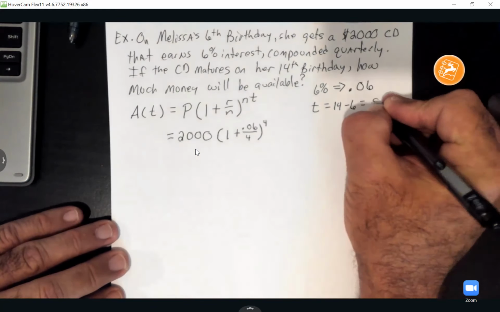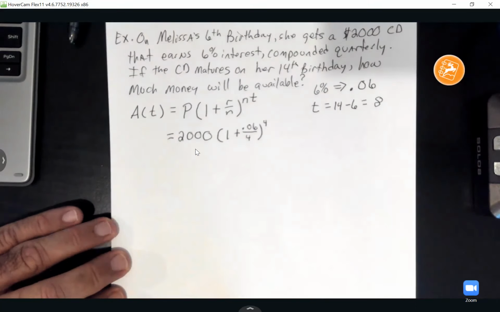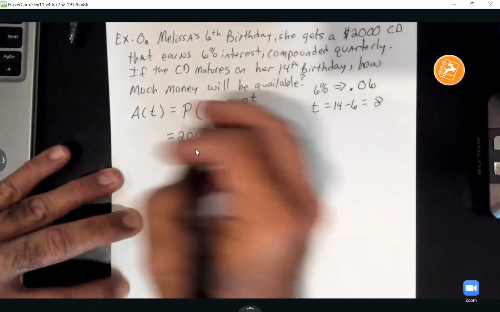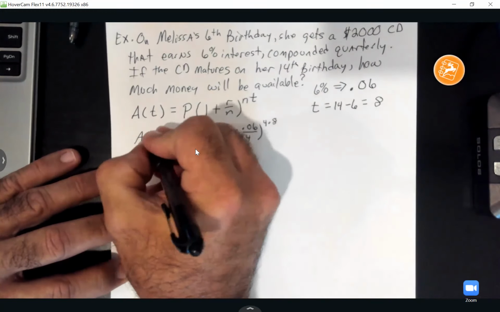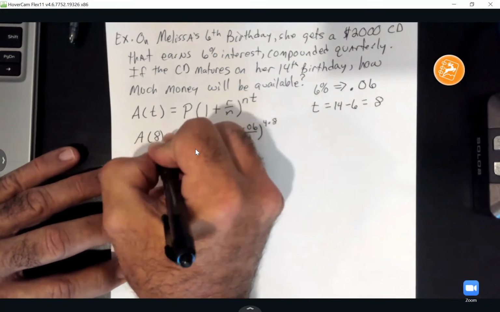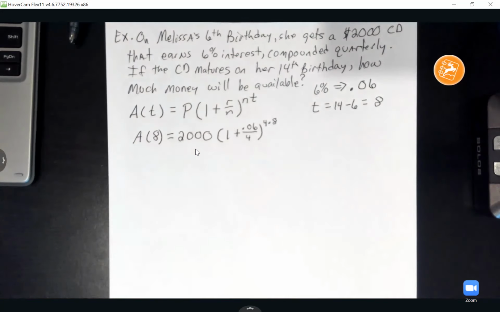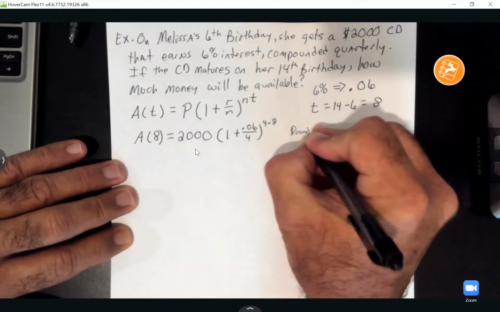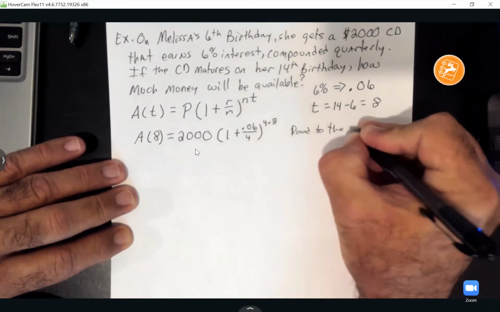We should get 8 on that. So we're going to have to multiply this 4 times 8. So that really means we're finding A of 8 years. Now, check out this one. They want me to round to the nearest cent.